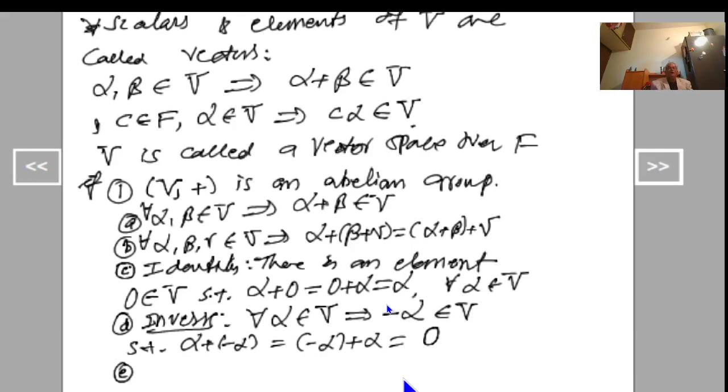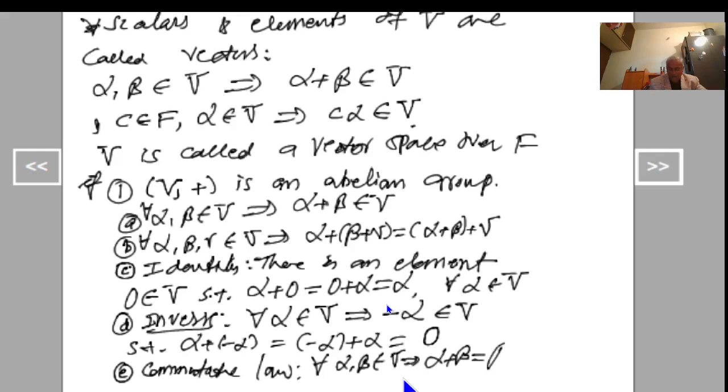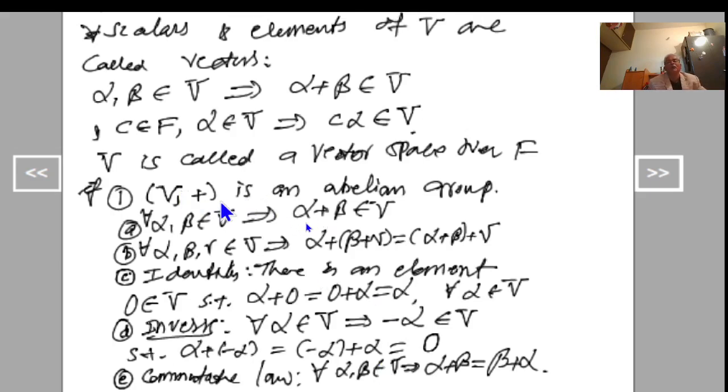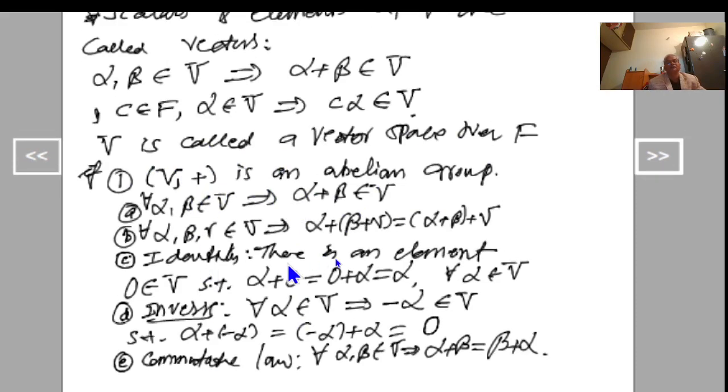E is the commutative law with respect to addition. For all alpha, beta belongs to V, alpha plus beta must be equal to beta plus alpha. All these 5 axioms are satisfied, so V, plus is an abelian group. This is the first axiom. This means all these 5 are satisfied.